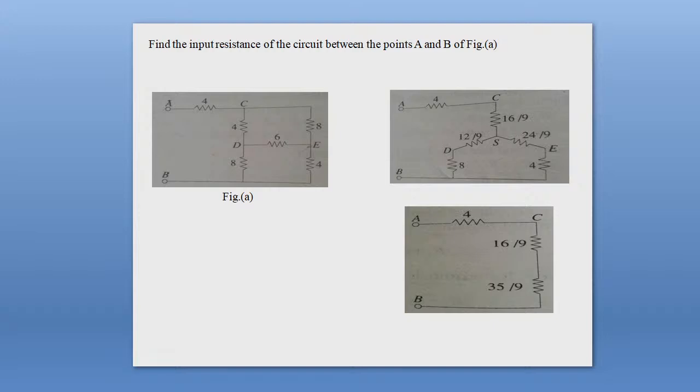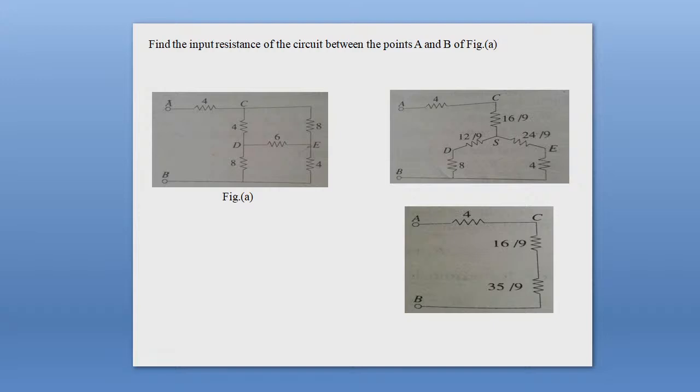Our objective: R12 equal to R1 into R1 plus R2. No. Your answer is R1 plus R2 plus R1 R2 divided by R3. Yes, your answer is correct. R12 equals R1 plus R2 plus R1 R2 divided by R3.